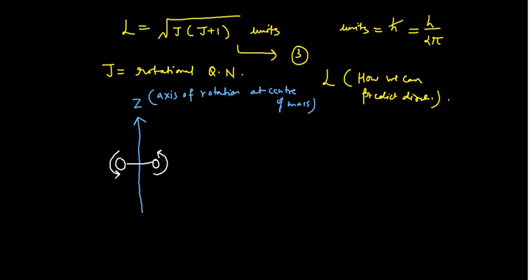When it is rotating in the anti-clockwise direction, then definitely it will create your angular momentum, rotational angular momentum. So what would be the direction of the rotational angular momentum? To predict the direction of L, you can use the right hand curl rule.